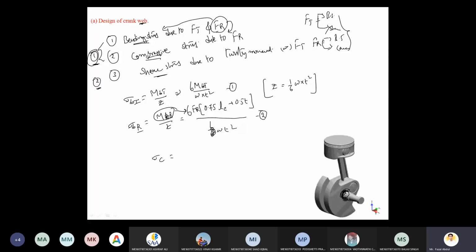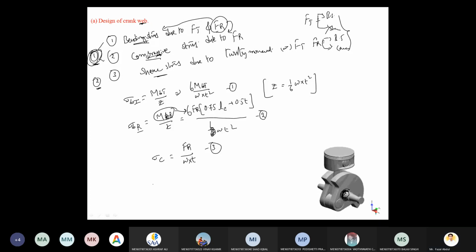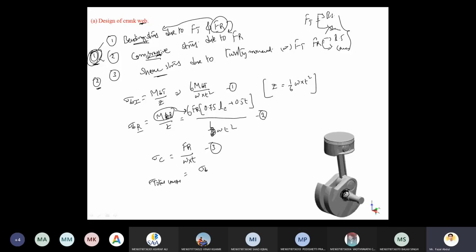Now the second one is the compressive stress. Direct compressive stress due to the radial force is force by width into thickness. This is the third equation. Because these are the first two categories, the total compressive stress is sigma BT due to tangential, sigma BR due to radial, plus direct compressive stress.